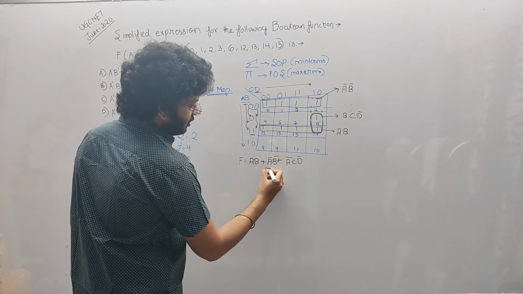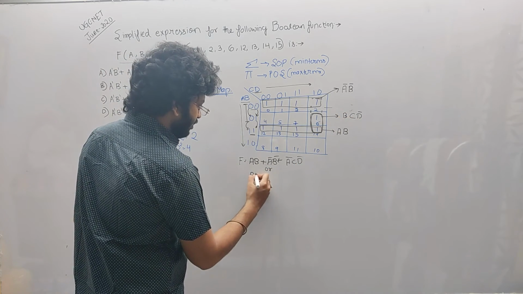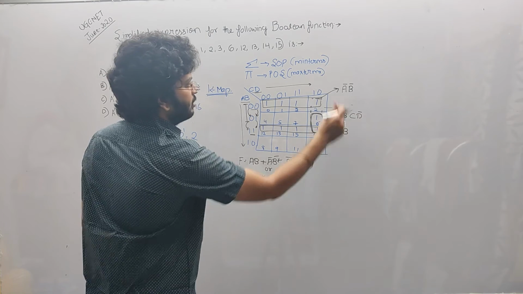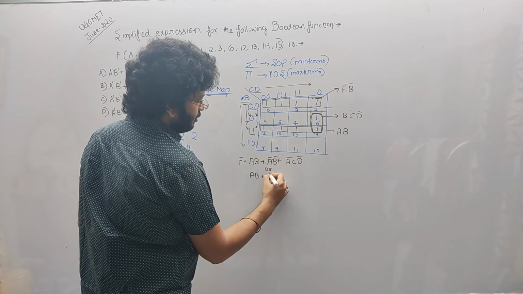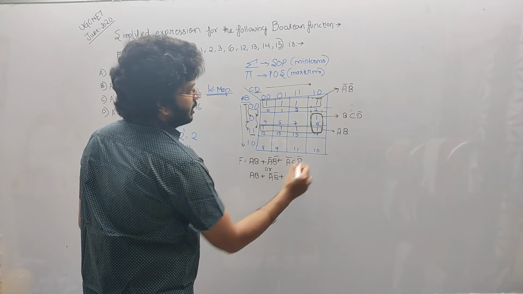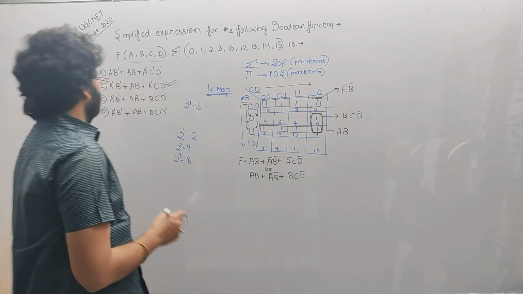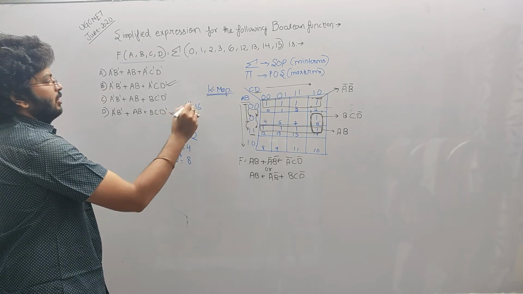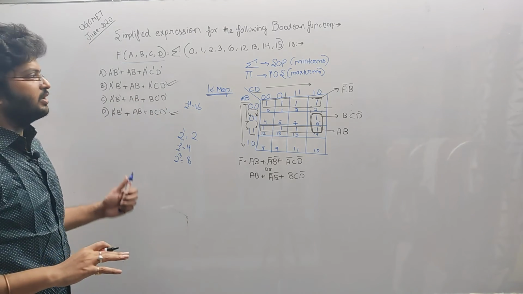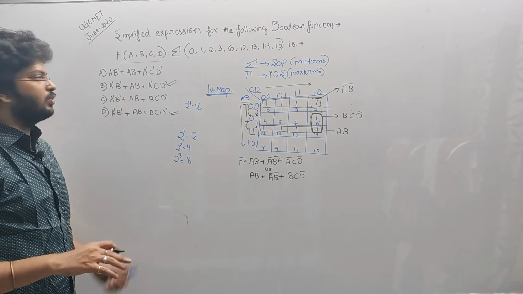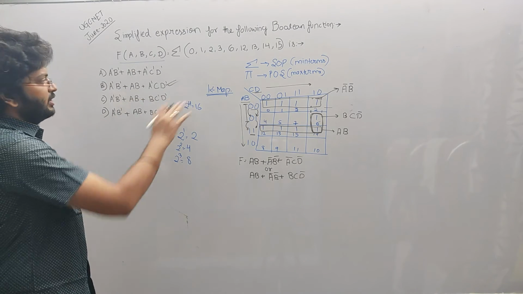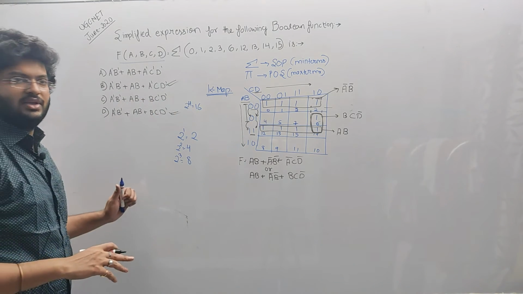So the other answer is AB plus A bar B bar plus B C D bar. That is option D. So both option B and option D are the answer. In the options we have one choice, that is both B and D. So we have to mark that as the answer.